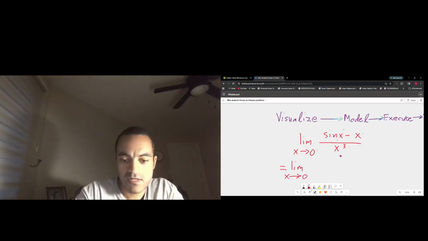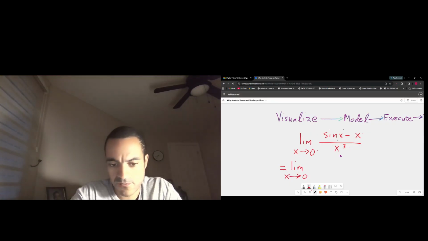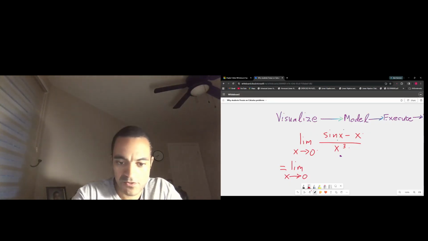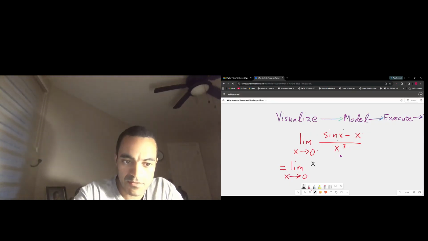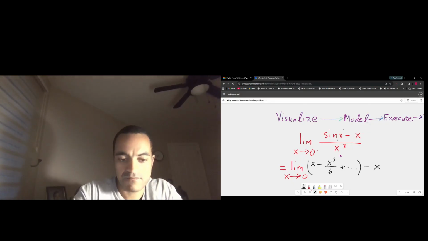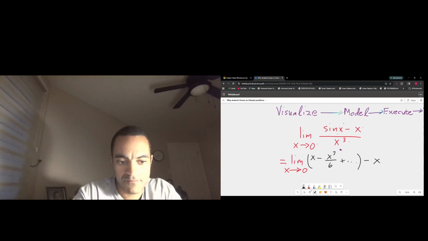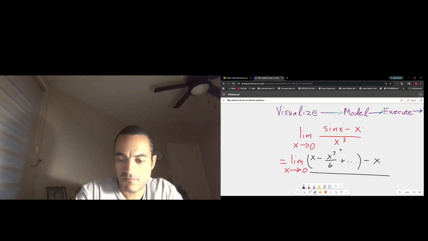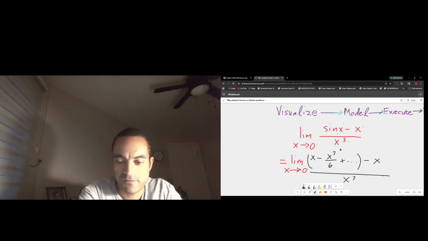The Maclaurin expansion for sine x is x minus x cubed over 6 plus dots. So x minus x cubed over 6 plus dots, minus x, all over x cubed. Does that make sense?